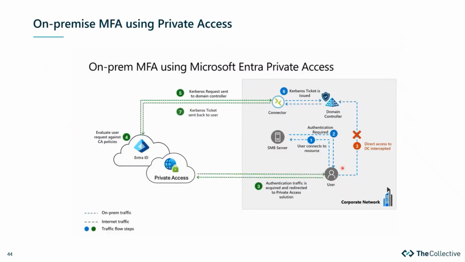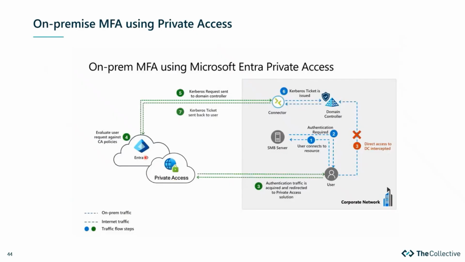And then typically the user will access the domain controller and say, hey, I need a ticket for that SMB server, so a Kerberos ticket, so I am able to log in that SMB server. With private access, we can actually block those communications directly to the domain controller and say you're not allowed to get that ticket directly to the domain controller, but instead you need to go through private access.